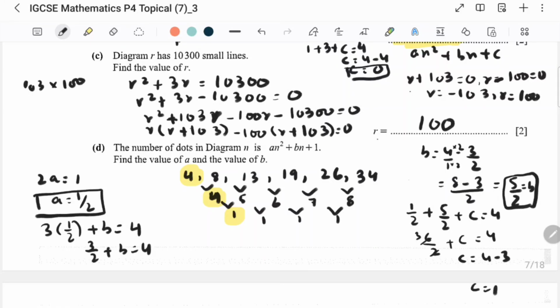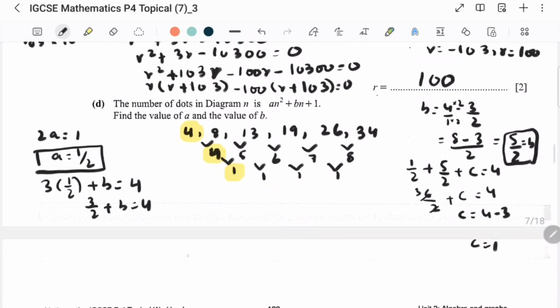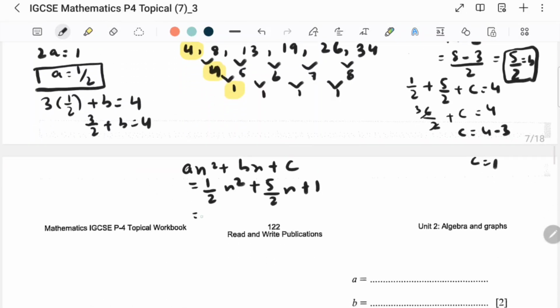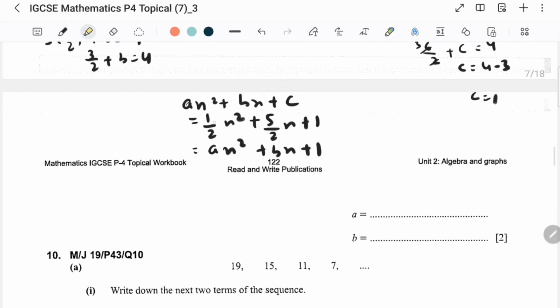So the sequence is an square plus bn plus c, which is half n square plus 5 over 2 n plus 1, and they have given us an square plus bn plus 1. We got plus 1 the same, which means we are doing it right. Compare coefficients: a is half, b is 5 upon 2.